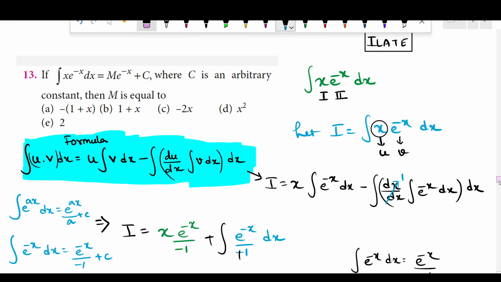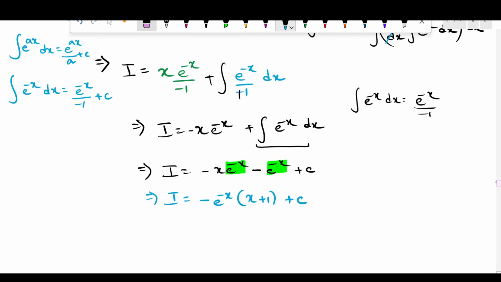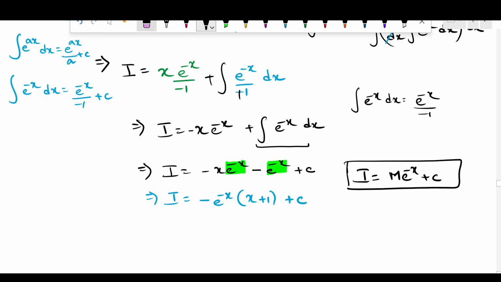Now we were given I equals to m e to the power minus x plus c, right? See this, we were given I equals to m e to the power minus x plus c. Now you name this as equation 1 and you name this as equation number 2.